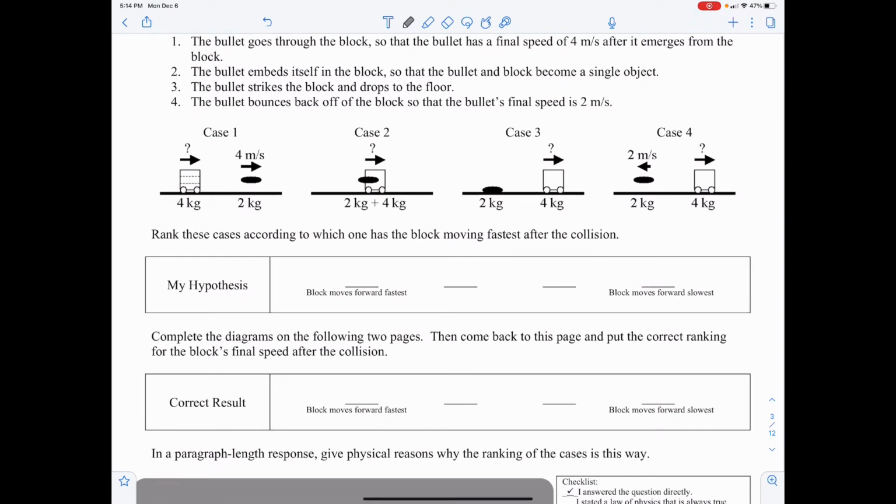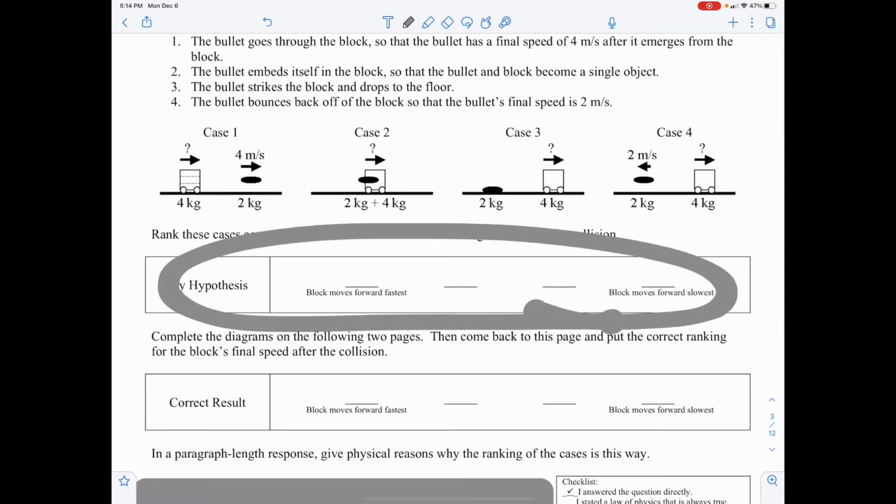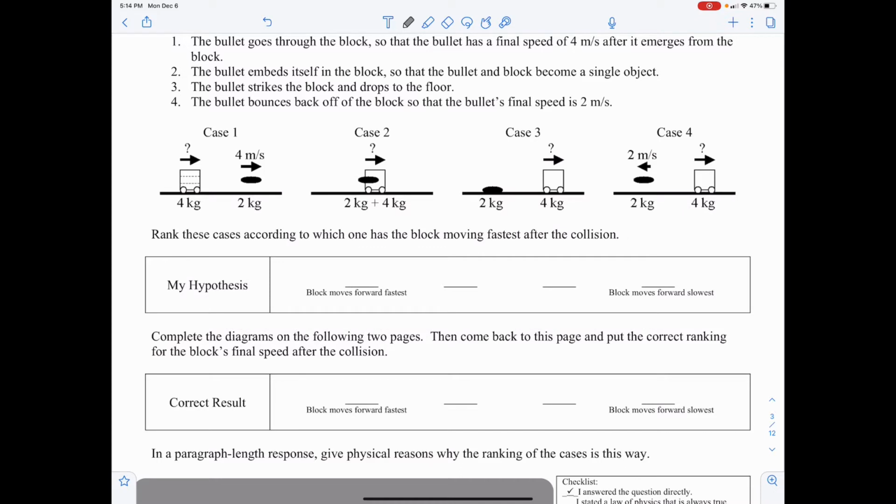First, take a moment to rank these in terms of the block moving forward fastest to the block moving forward slowest. Go ahead and pause the video. Make your ranking right here.